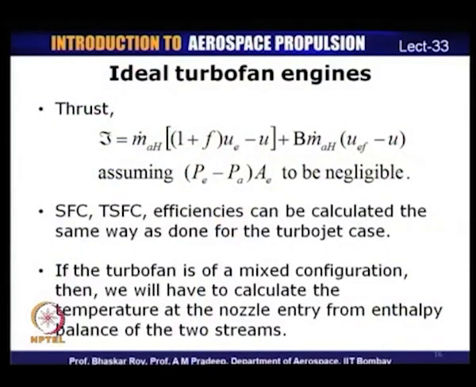So, the thrust generated by this unmixed turbofan engine is equal to, the first part, the thrust by the core nozzle, which is m dot A h, the mass flow rate through the core stream, into 1 plus F into Ue minus U. And the second term, the thrust generated by the bypass duct, will be equal to the bypass ratio into m dot A h, which is basically equal to m dot A c into Uef minus U, the velocity difference through the bypass duct.